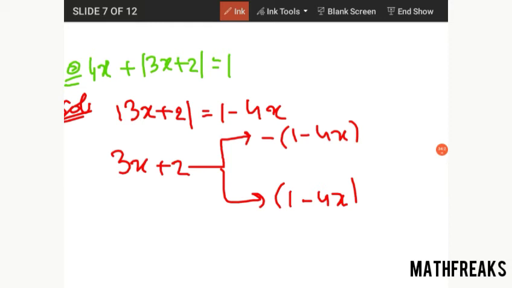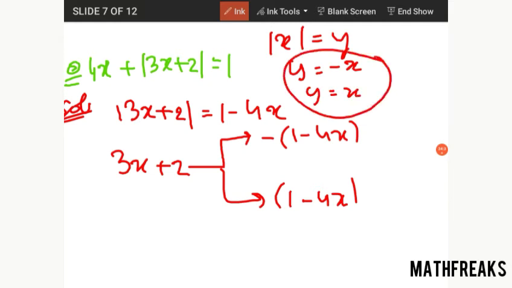Correct. So if I write mod of x equals some y, then y can either be minus x or y can be x, and this we have seen in the graph as well, right?